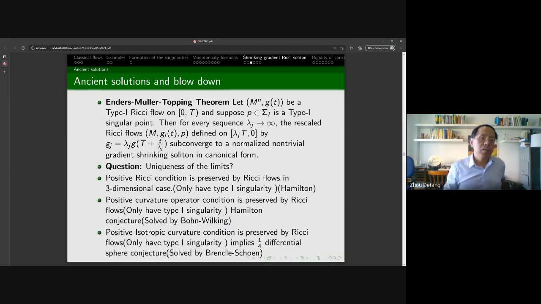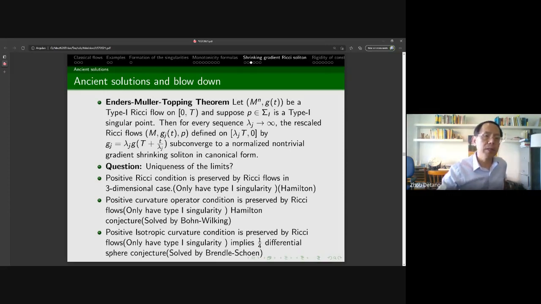Another condition is called PIC. PIC means positive isotropic curvature condition, which is also preserved by Ricci flow. That also gives you type 1 singularity. This implies the quarter pinched condition, because a quarter pinched metric has PIC.